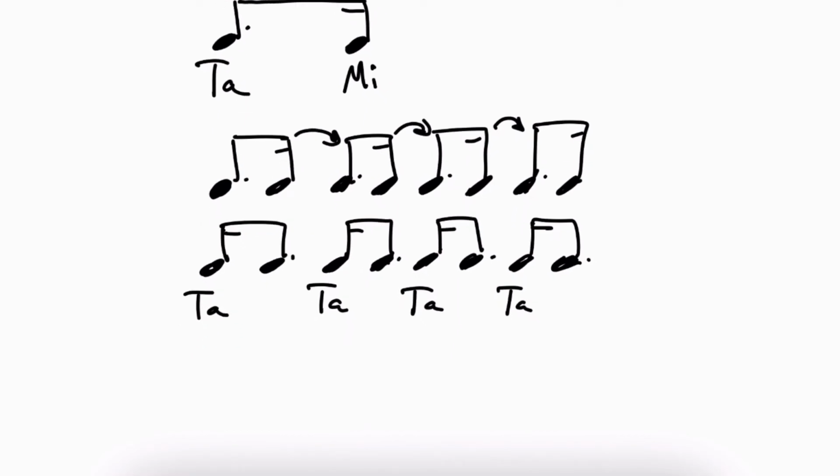So we'd be doing taka, taka, taka, taka. So if I get the metronome going, taka, taka, taka, taka. 1, 2, ready, go. Taka, taka, taka, taka. And that's how that fits in.